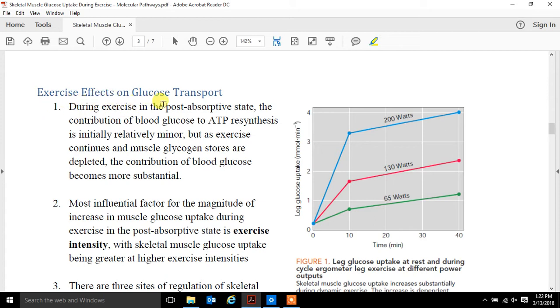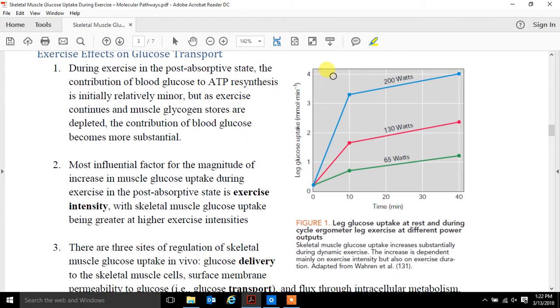During exercise in the post-absorptive state, the contribution of blood glucose to ATP resynthesis is initially relatively minor, but as exercise continues and depletion occurs, things go up from there. We also know that it's exercise intensity dependent. This is leg glucose uptake as a function of time at 65, 130, and 200 watts.